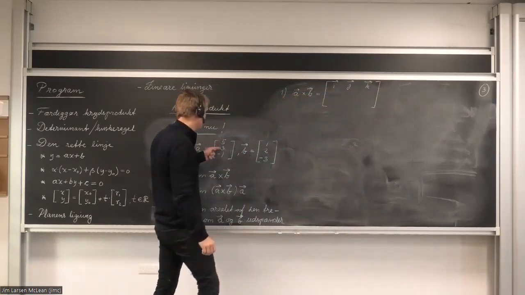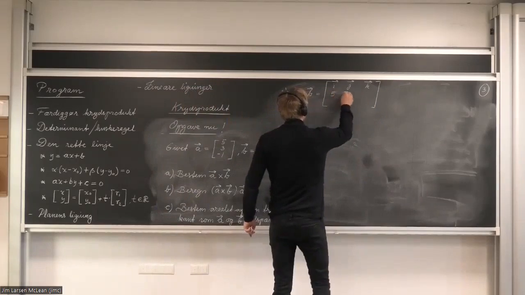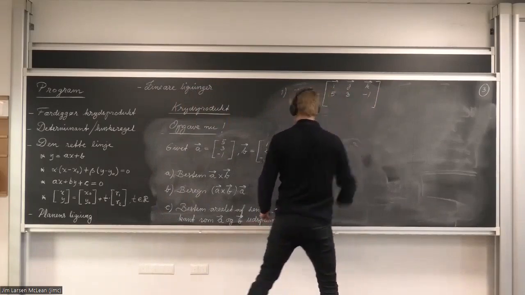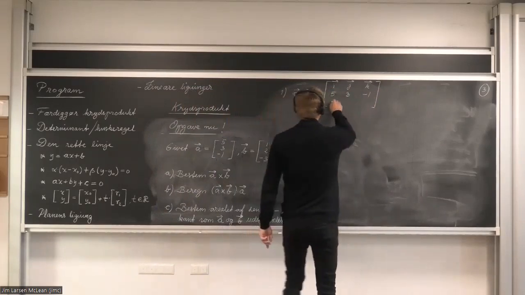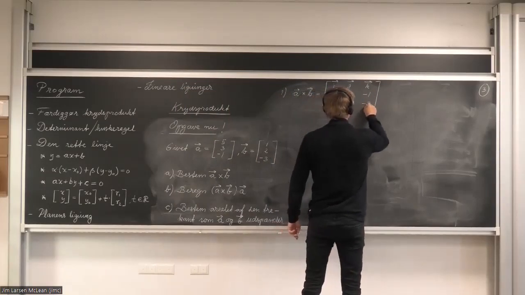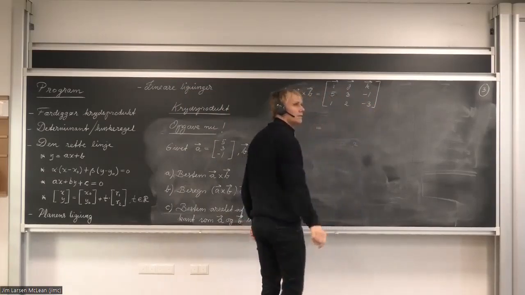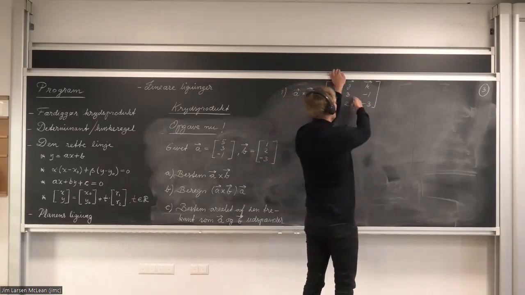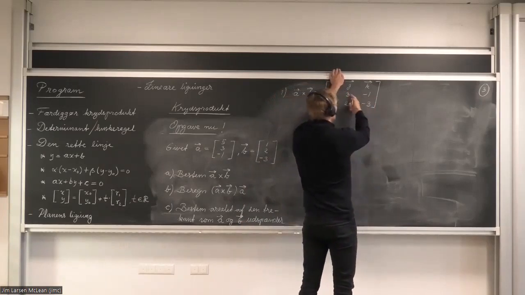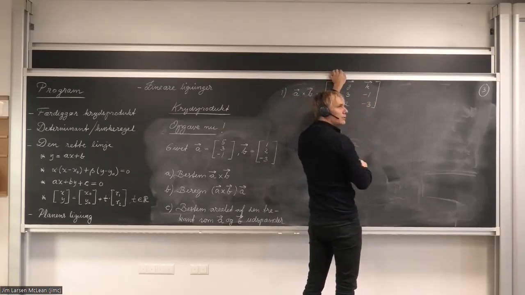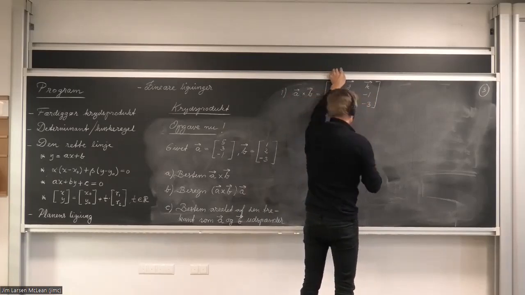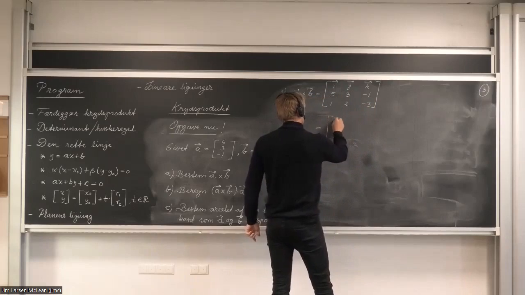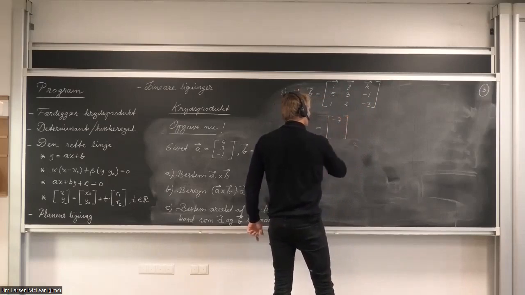So 5, 3, minus 1, and 1, 2, minus 3. Then we use the mnemonic rule. That times that, minus that times that. That's minus 9 minus minus 2, so minus 9 plus 2. That's negative 7. So the first coordinate becomes minus 7.